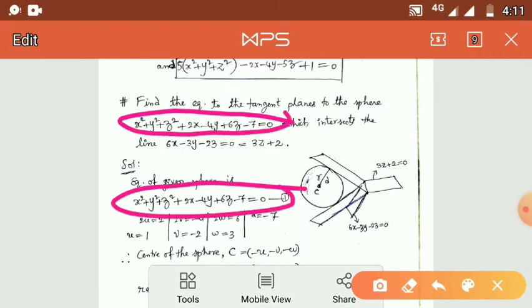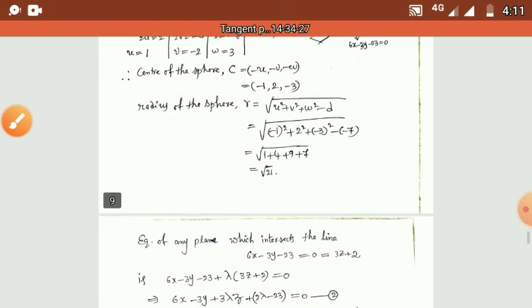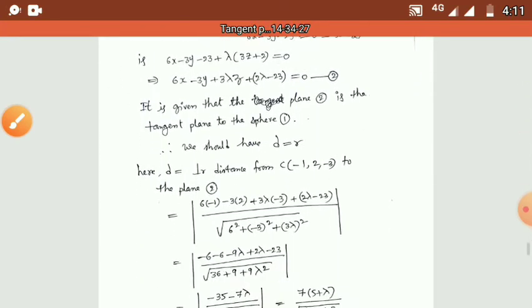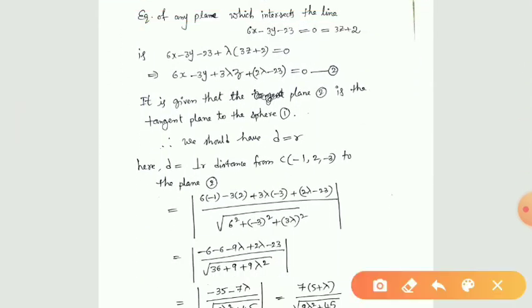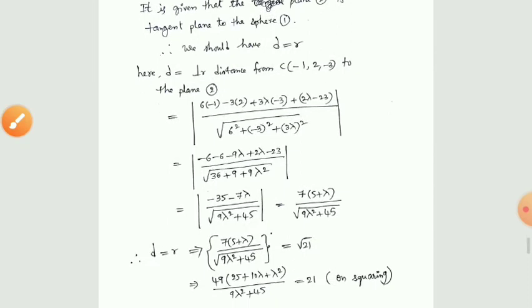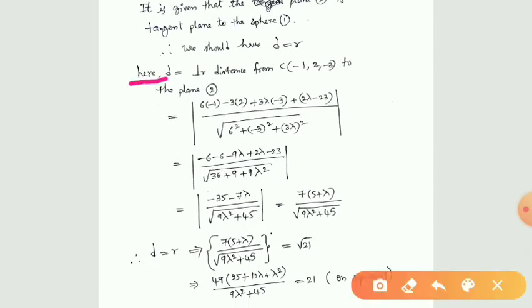So the condition is R is equal to D. What is D here? The condition for the plane to be a tangent plane to the sphere is D equal to R. Here D is nothing but the perpendicular distance from the center of the sphere C, minus 1, 2, minus 3, to plane 2.